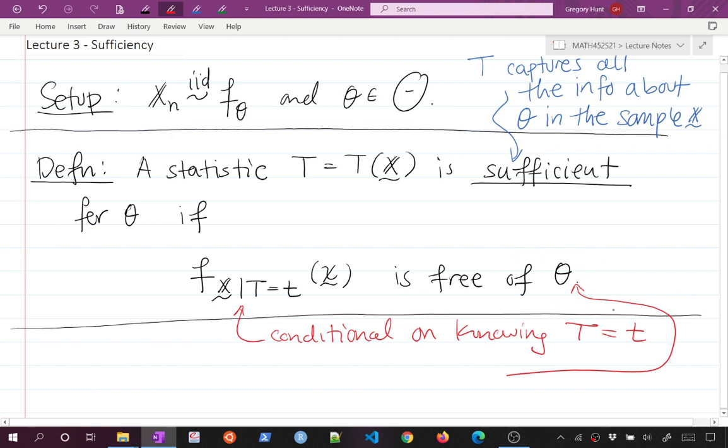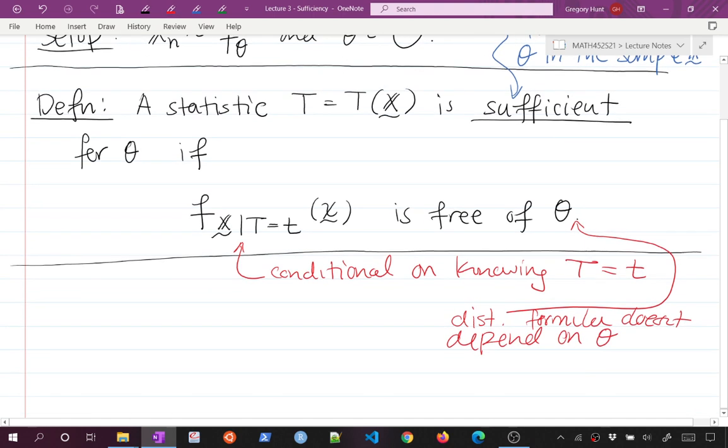When I say free of theta, I mean that the distribution formula, if you will, doesn't depend on theta. Theta does not appear in the formula. The joint distribution of the data will involve theta in some way.